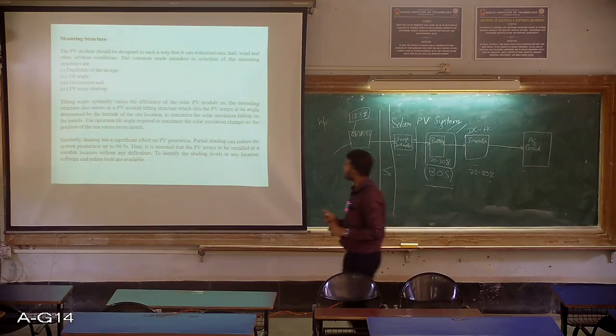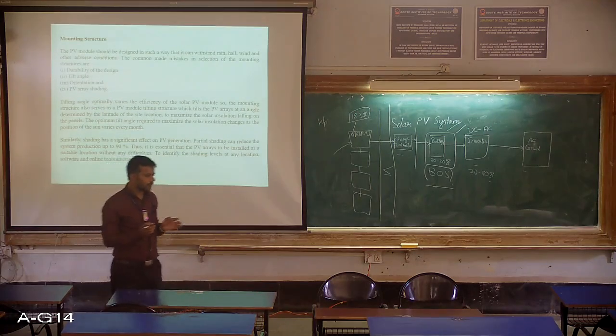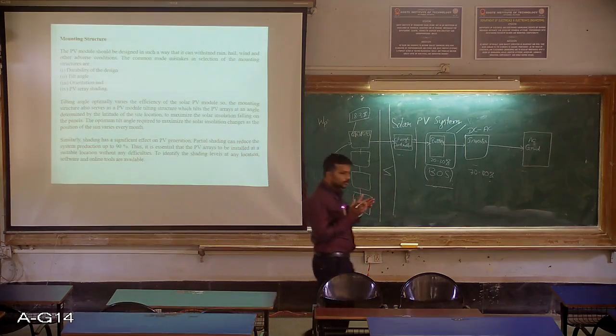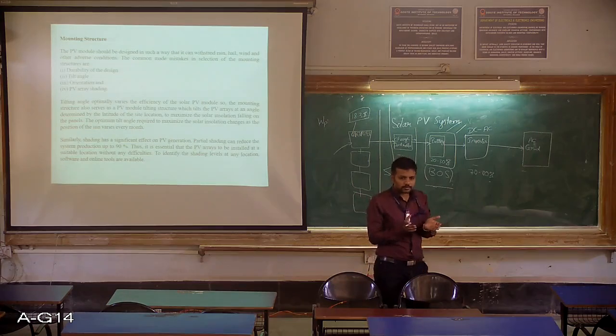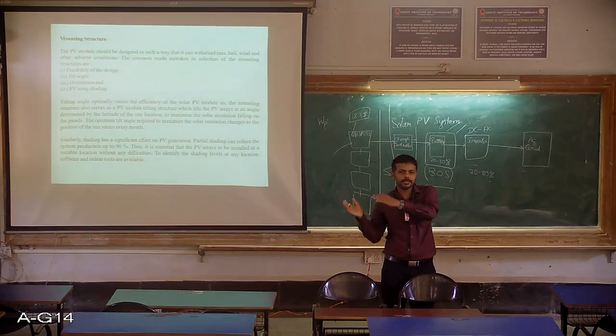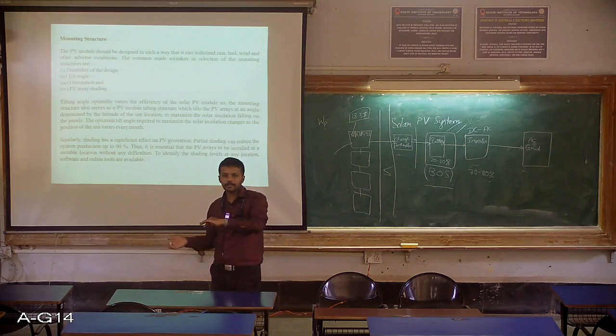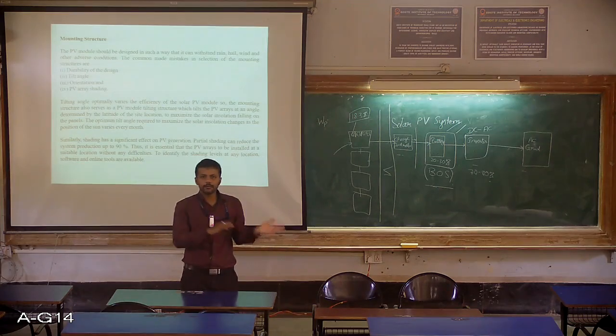Now coming to the first, tilt angle. Tilt angle means we should provide a mechanism to the solar modules, meaning the entire panel, so that whenever the sun moves from morning to evening, from east to west, it will be moving.